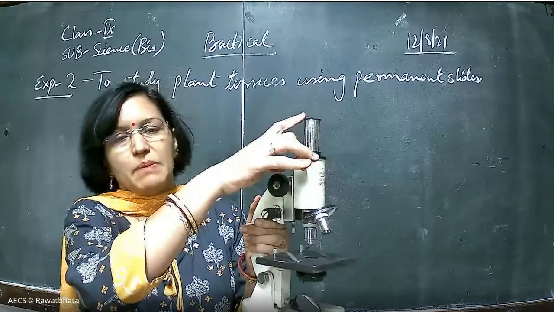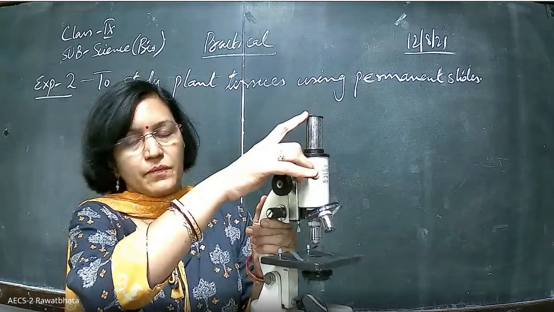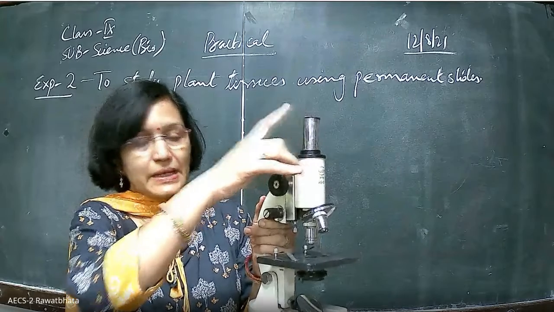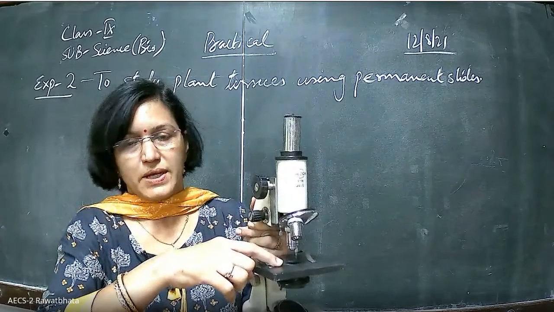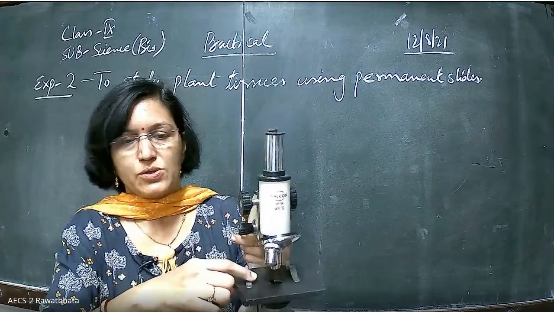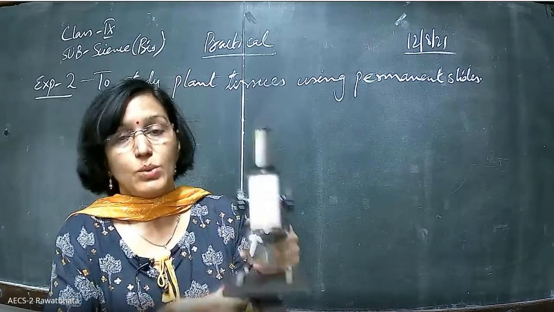This is the eyepiece wherein we are supposed to keep our eye to observe the slide that is there on the stage. Here, there is no slide till now. Now, how to put the slide?